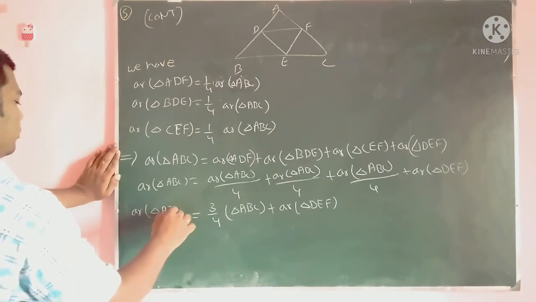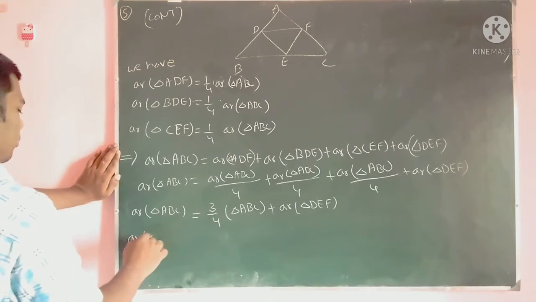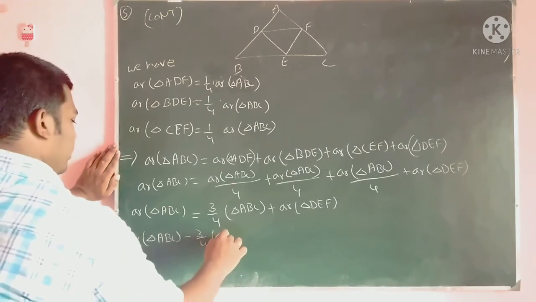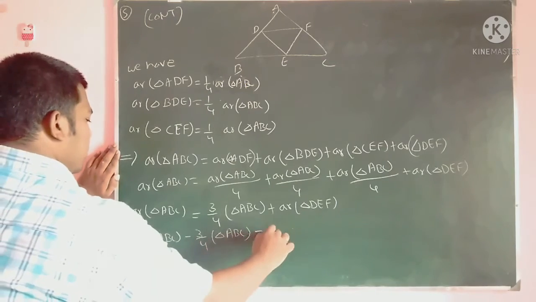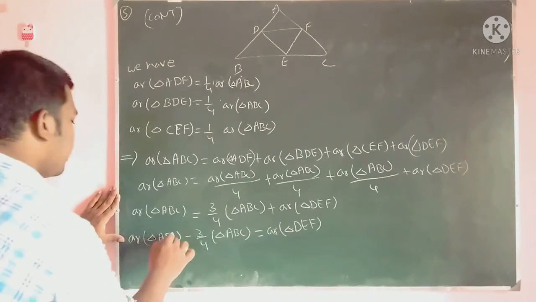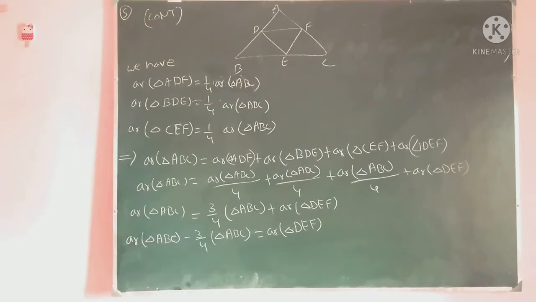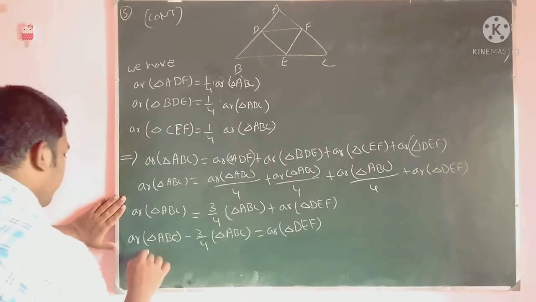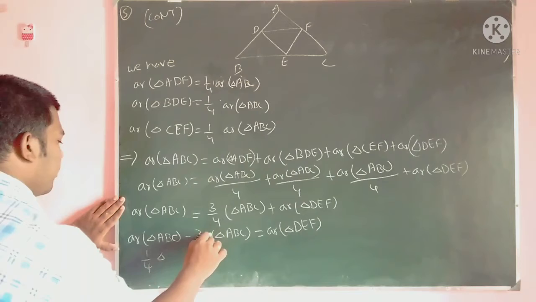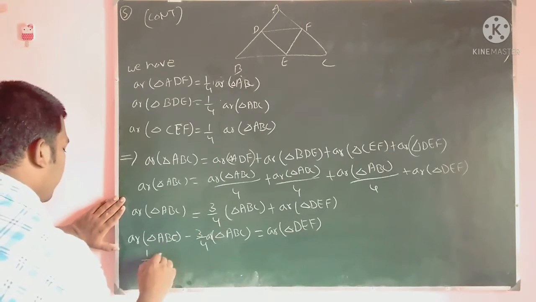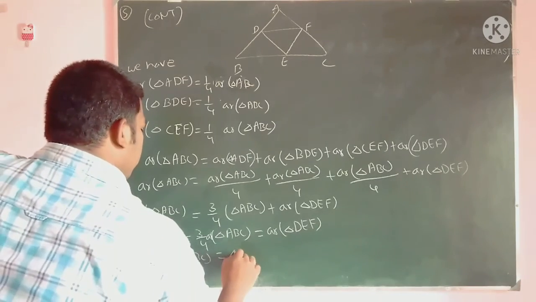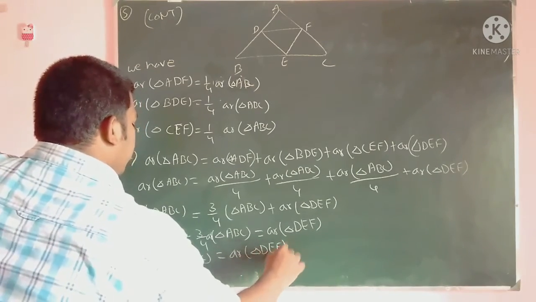So now we transpose to here. What can we write? Area of triangle ABC minus 3 by 4 times area of triangle ABC is equal to area of triangle DEF. This is nothing but 1 minus 3 by 4, that is 1 by 4 times area of triangle ABC is equal to area of triangle DEF.